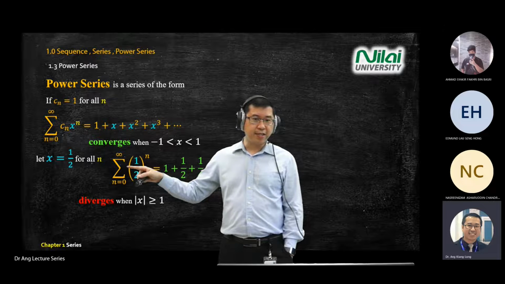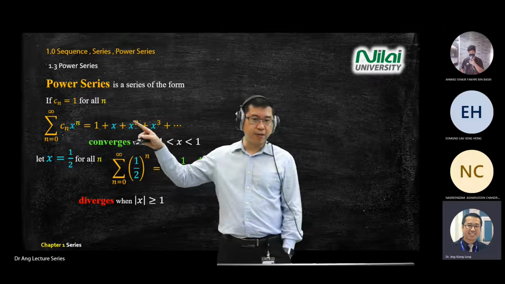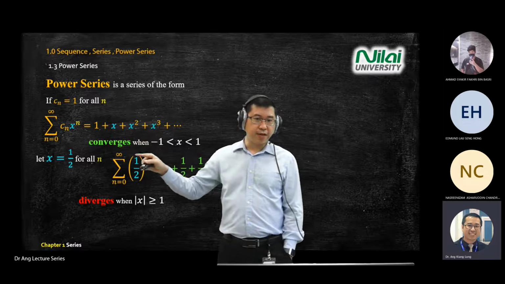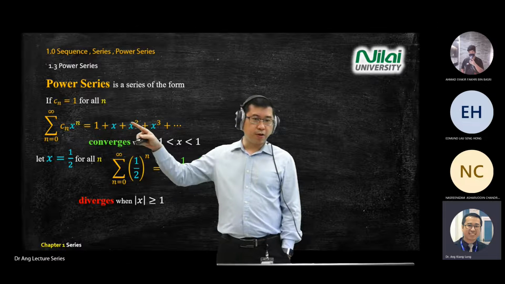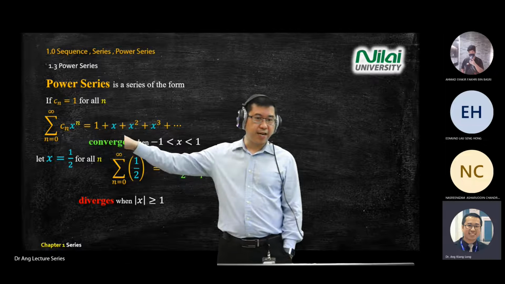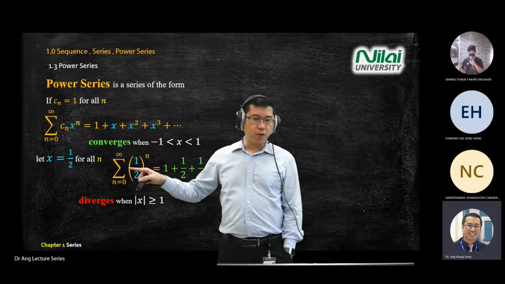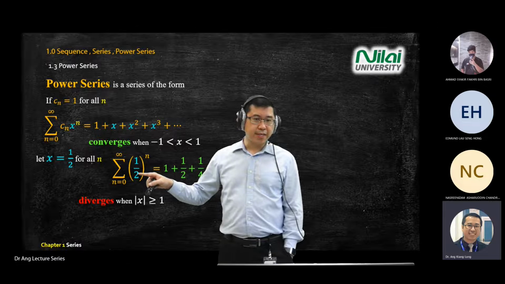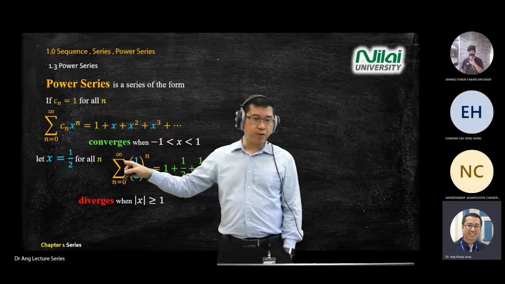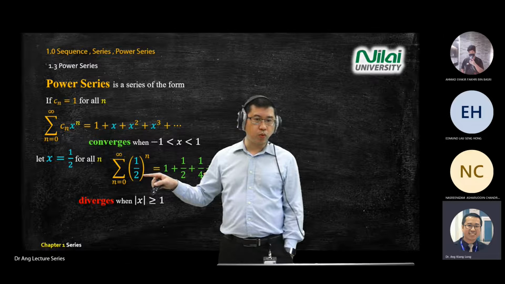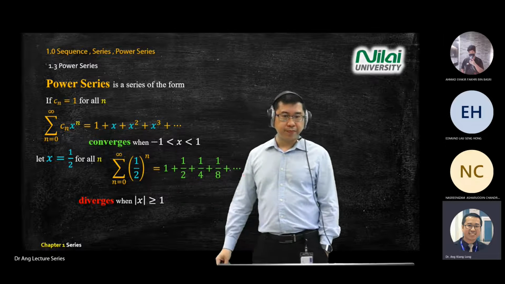Actually there's a Cn over here, but Cn value is 1. You compare with the equation on the far left, Cn is 1. So that's why here we do not write 1. Actually there's a Cn here, times your x, which you assume is 1 over 2, and then power n.